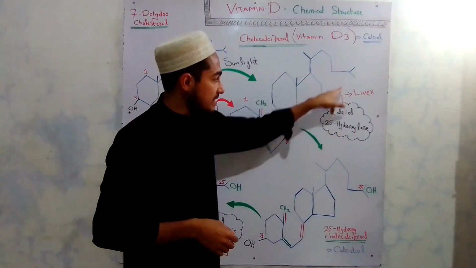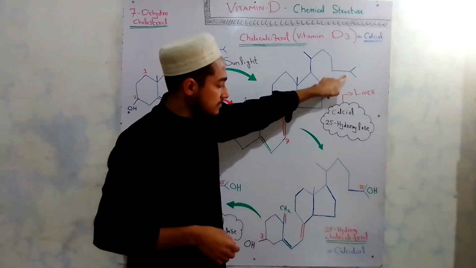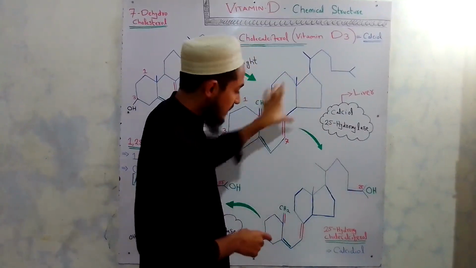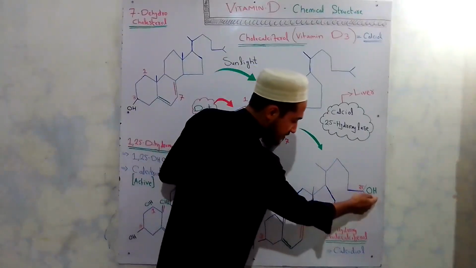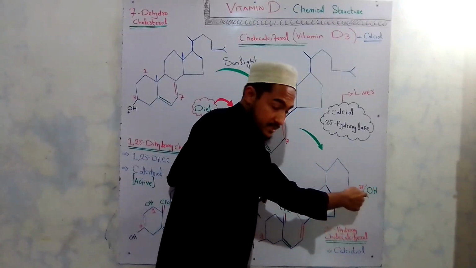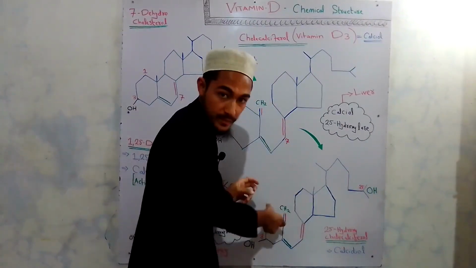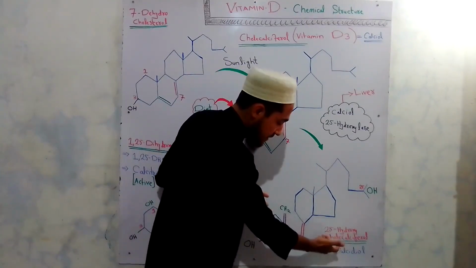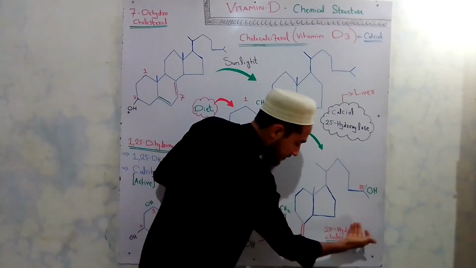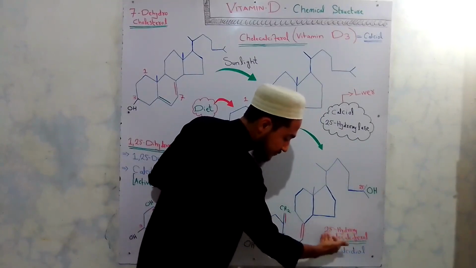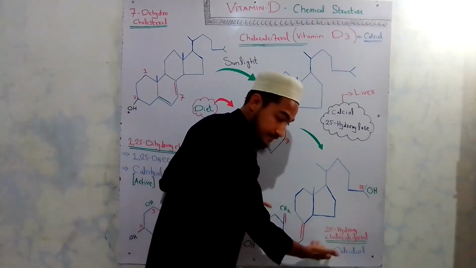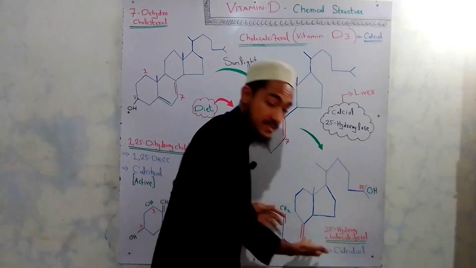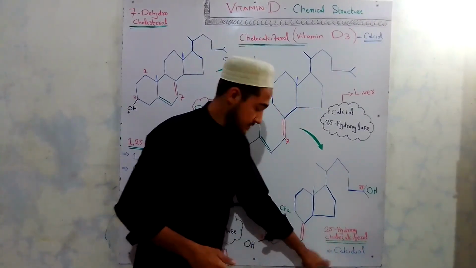The position of carbon number 25 is here, that I have mentioned. So in the cholecalciferol at carbon number 25, an OH group has now been added, and this compound will now be called 25 hydroxy cholecalciferol. That means that it is a cholecalciferol with a hydroxyl group at carbon number 25. The name suggests this. The 25 hydroxy cholecalciferol is also known as calcidiol.